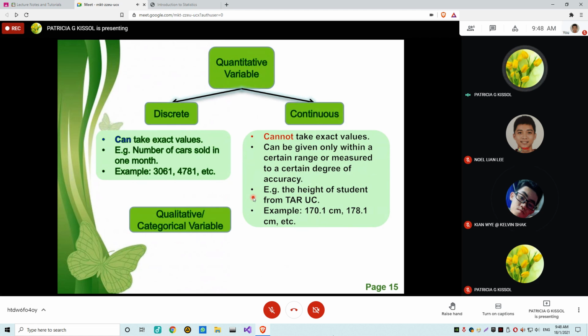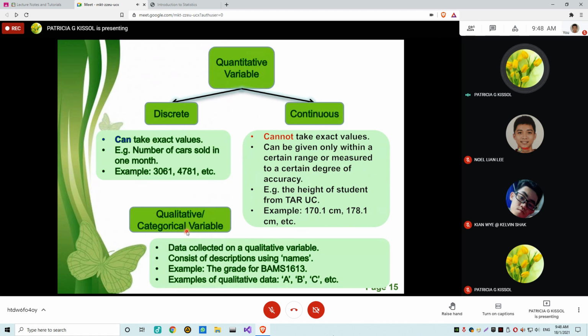Okay. Whereas qualitative or categorical variables are data collected on a qualitative variable, which you cannot label numerically. An example given here is the grade for BAMS 1613. For qualitative data, you can get A, B, C, or F. That means there is no number assigned to it.